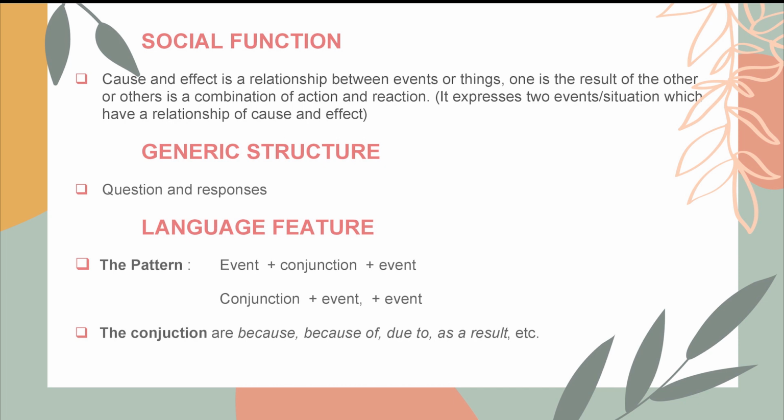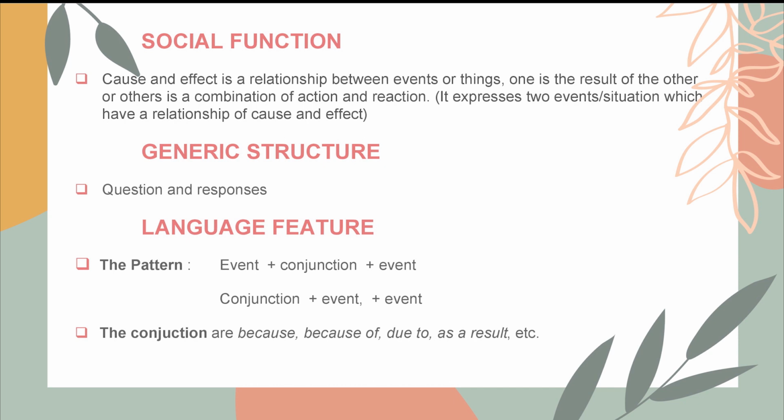And the conjunction, or the connector, is used to see the relationship between the first event and the second event, between the cause and the effect.